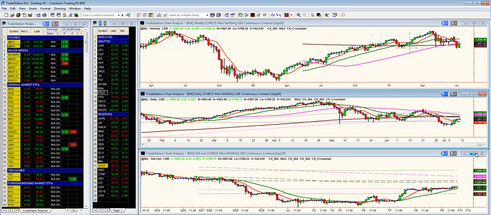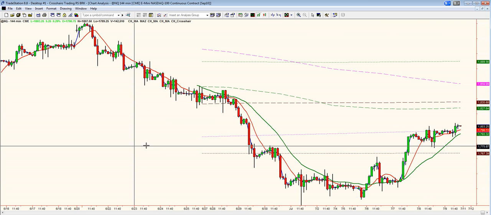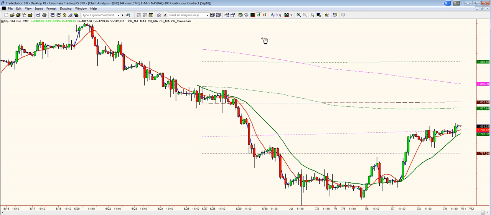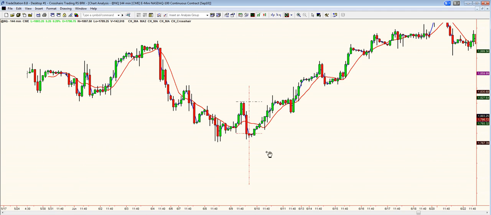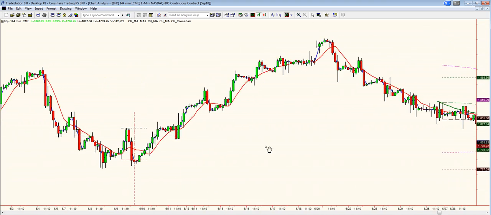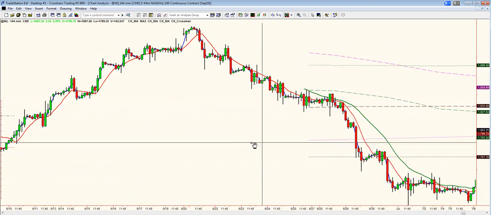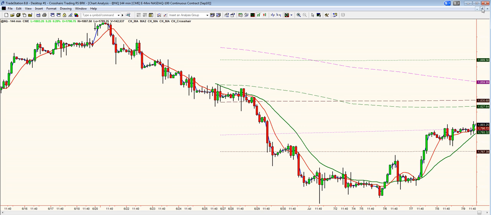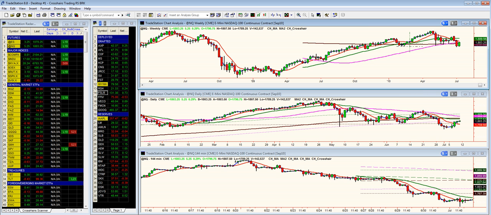So even on the 144 chart, during that whole period, I would have been looking at possible bullish trades all along this time as well. So multiple chart trading, multiple time frame trading, if you will. That's how the right hand side is set up in my proprietary workspace at TradeStation.